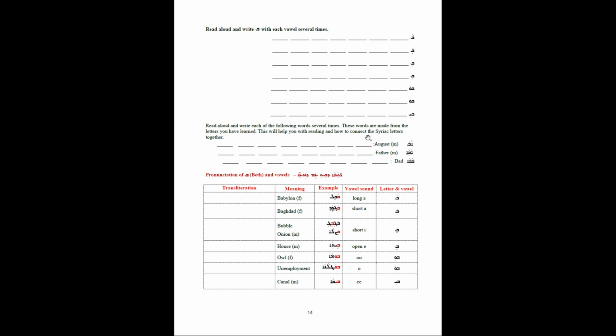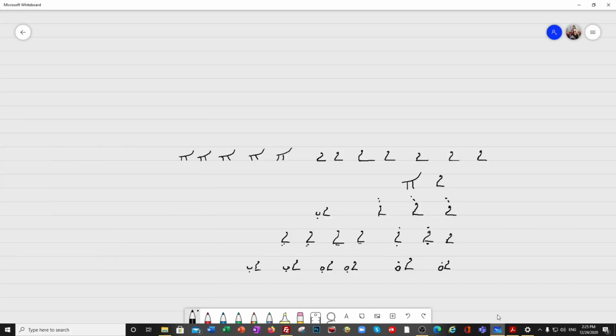We're going to start learning some words made from the two letters we have covered so far, and then we apply the vowels to the letter itself. So I'm going to switch to my digital screen here. Allow me to clean up this and write Beth.